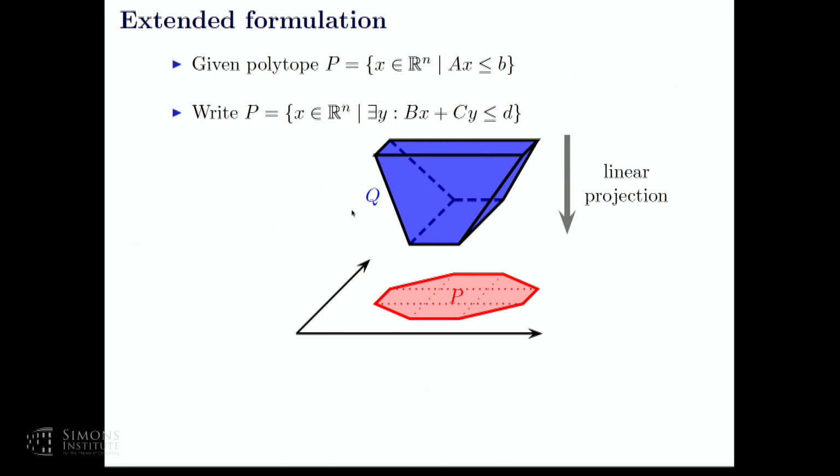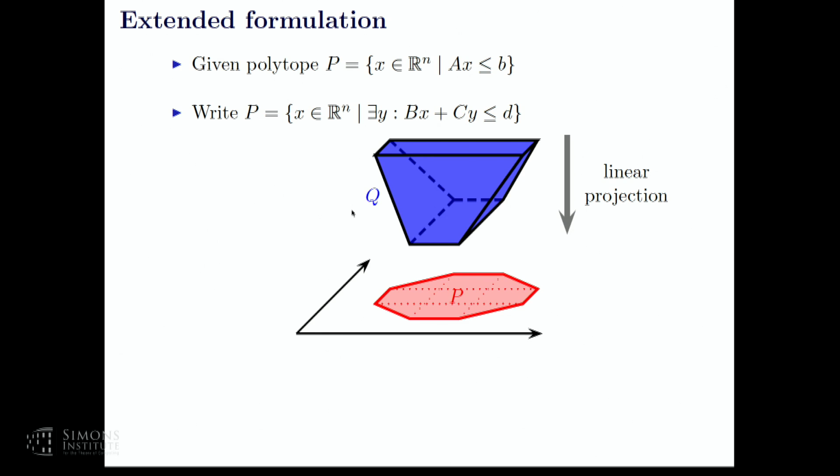And now you may want to write your polytope as the set of all x, so that there is a way to set your extra variables so that the system of linear inequalities is satisfied. And if you think about this geometrically, then this means that you have your actual polytope, but you write it as a linear projection of some higher dimensional polytope.